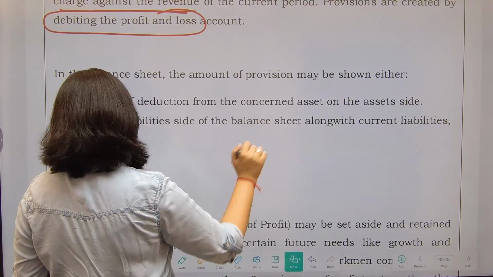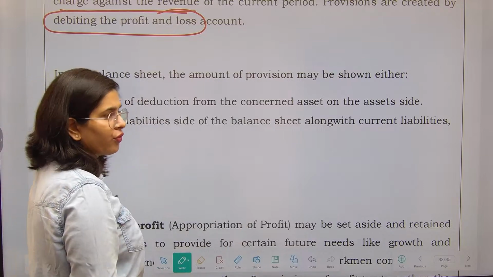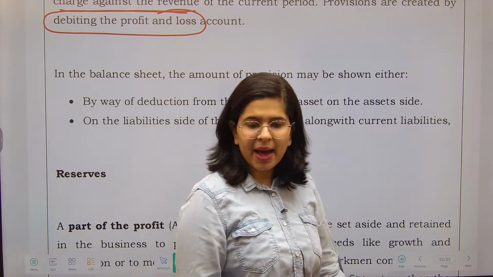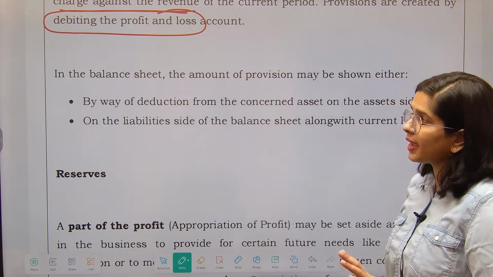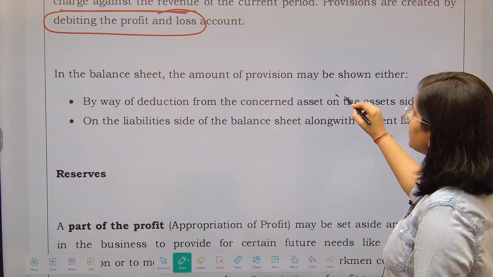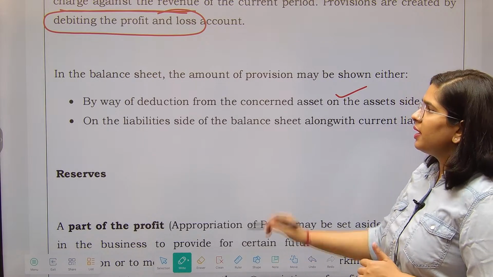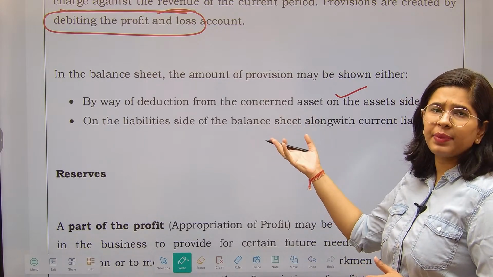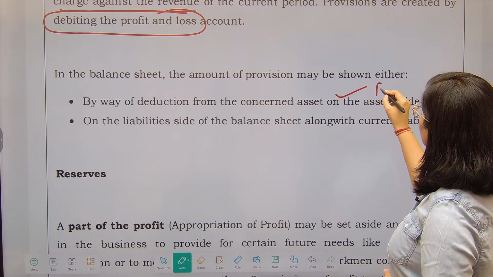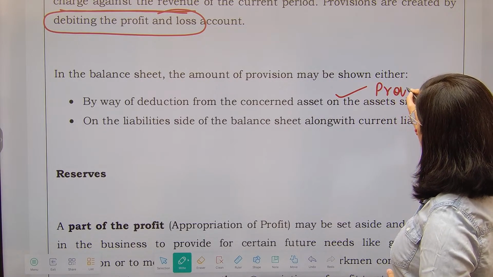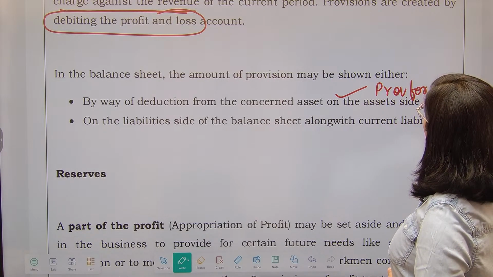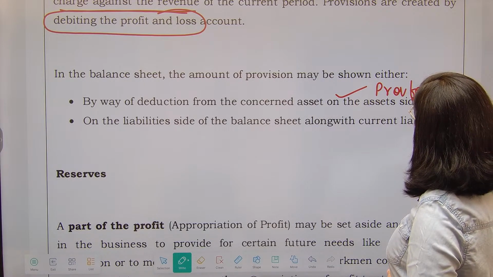Now the next thing: in the balance sheet, how can you show your provisions? There can be two ways. Number one is by way of deduction from the concerned asset. Now this is applicable only in some cases, for example, provision for depreciation. How can you show the provision for depreciation?